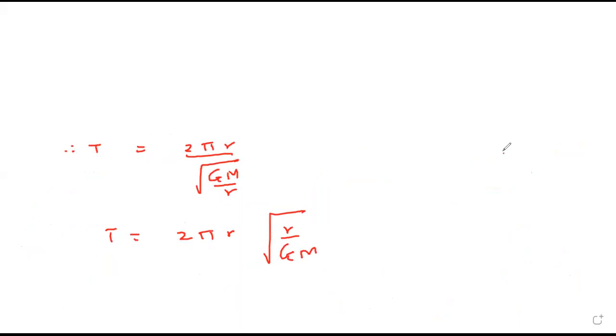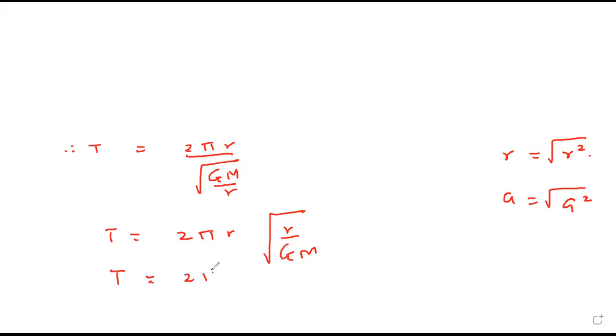Therefore, T equals 2 pi r upon Vc, where Vc is root of Gm by r. That is 2 pi r root of r upon Gm. Can I write r as root of r square? Yes.